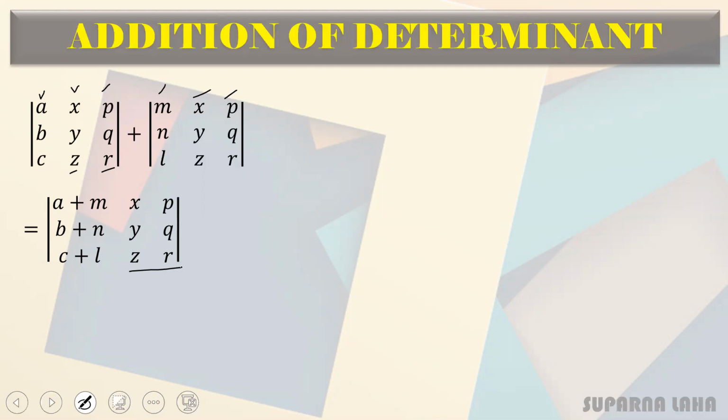If we add a third determinant, in the same manner we add it too. So this is the change in column.